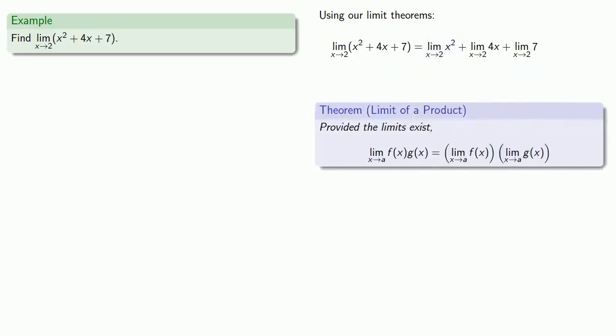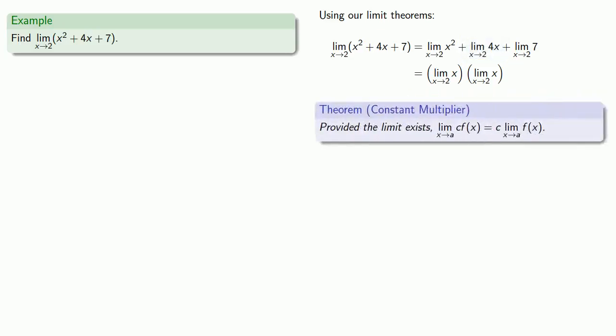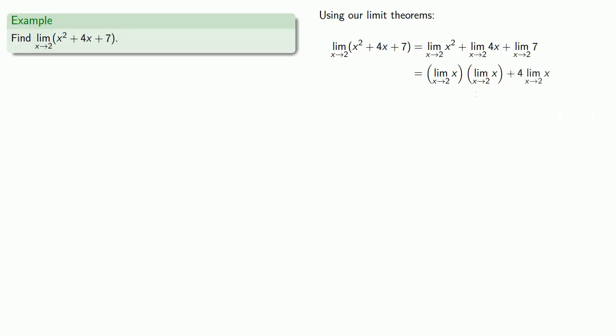Now our first term is the limit of x squared. And since this is the product of x times x, we can evaluate it as the limit of x times the limit of x. Our next term is 4x, which is a constant multiple, so we can remove that factor of 4 to the front of the limit expression. Now we have the limit as x approaches 2 of x appearing 3 times in our expression.